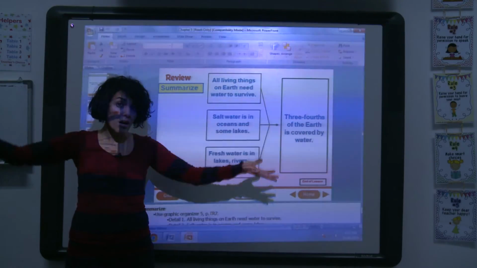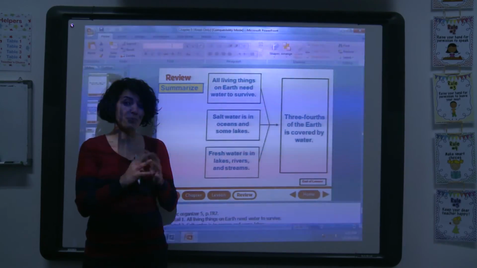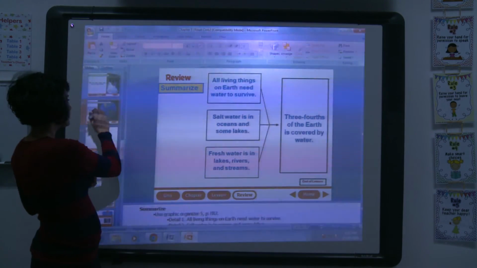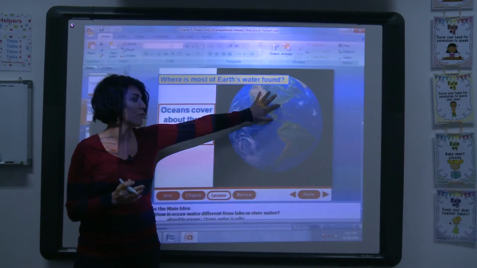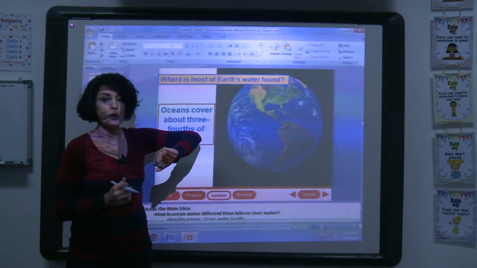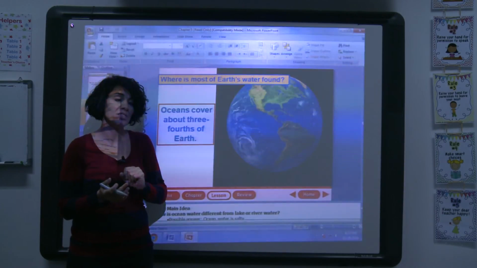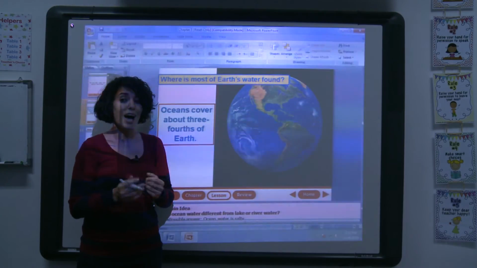Ocean is a large body of salt water, and most of the earth, as we can see, I will show you the picture. 3/4 of the earth is covered with oceans, and the rest is land.